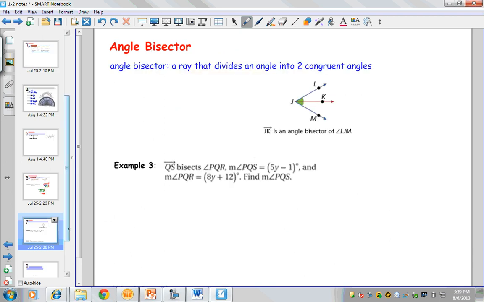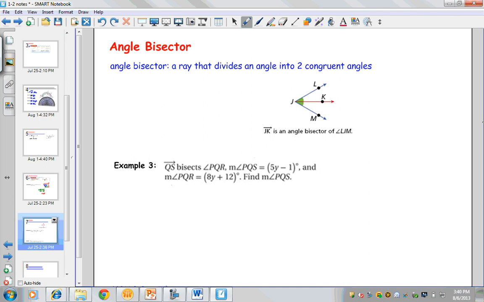All right, moving on. An angle bisector is any ray that divides an angle into 2 congruent angles. So notice what we have here: in this angle, LJM was the original large angle, and then we have ray JK cutting it exactly in half.